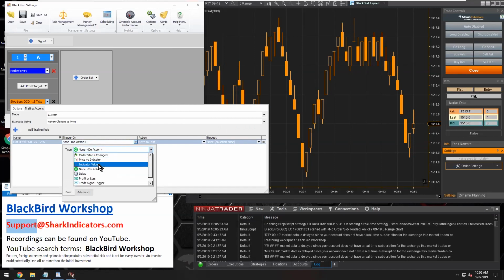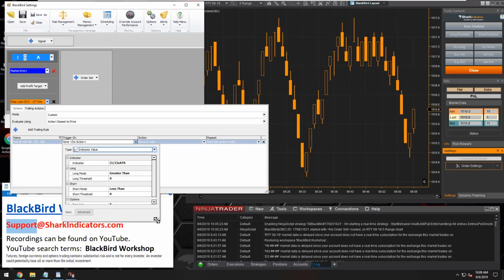We're going to use indicator value. Pretty simple, straightforward. This indicator value trigger is comparable to Bloodhound's threshold solver. Basically you're looking for an indicator threshold value or level to trigger something. Right, so let's put that in there.